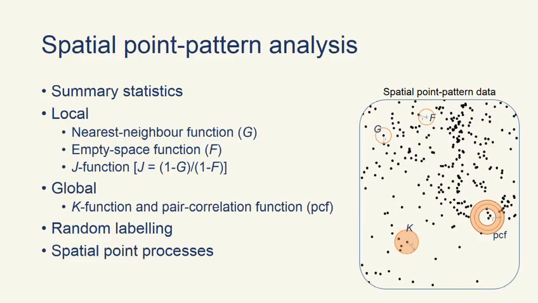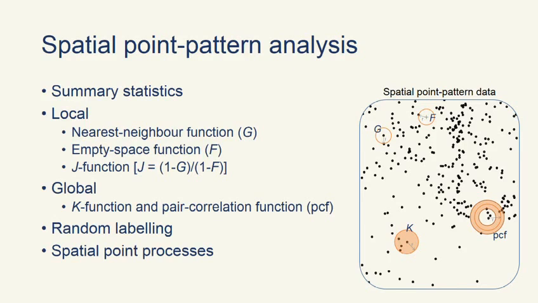Some global ones being the G function and the F function, or the nearest neighbor, where's the nearest neighbor, and the empty space, how is the empty space between the points, and you can combine those 2 into the J function. Globally we have the Ripley K function and the pair correlation function, the first one being cumulative over the range and the other one being non-cumulative. So you have different options to investigate point pattern.